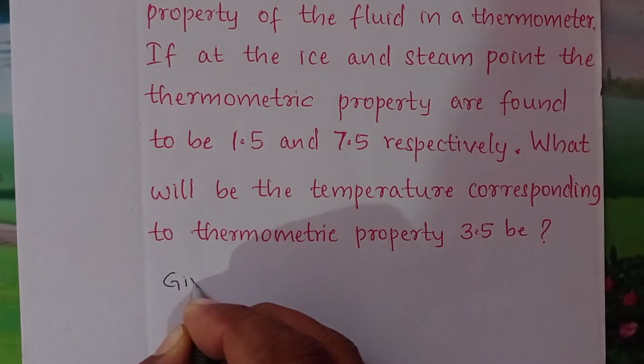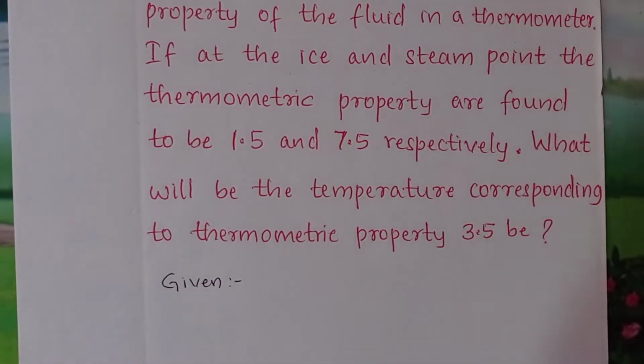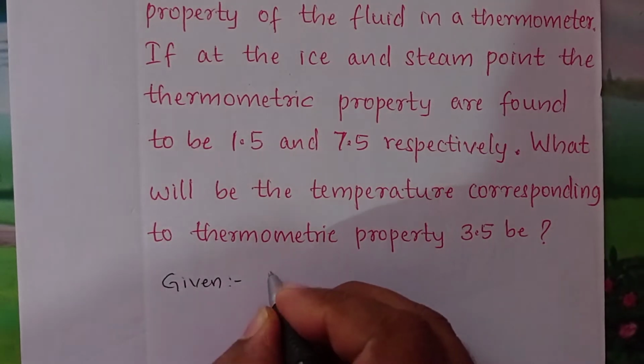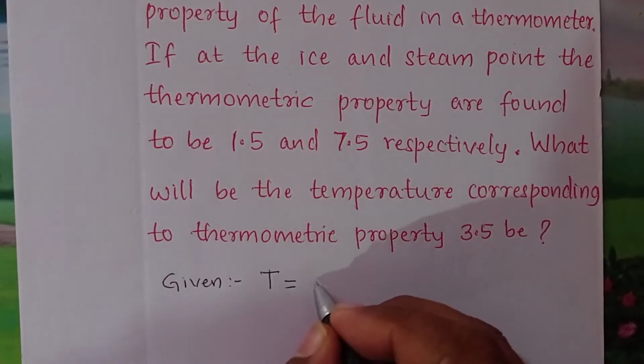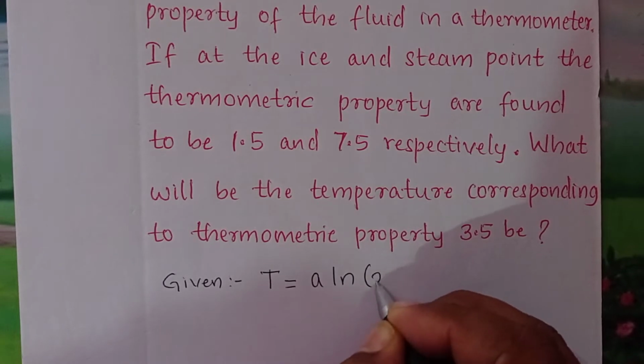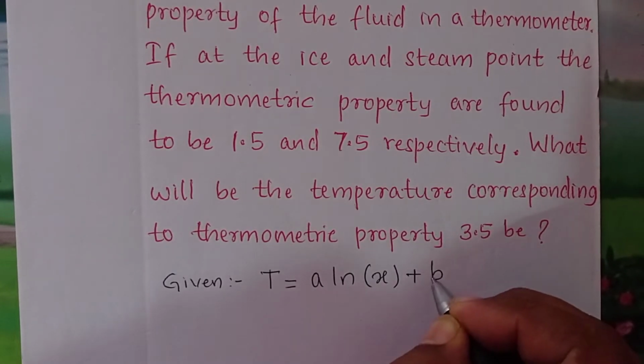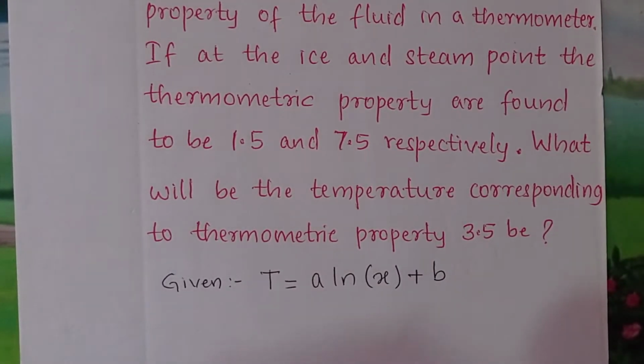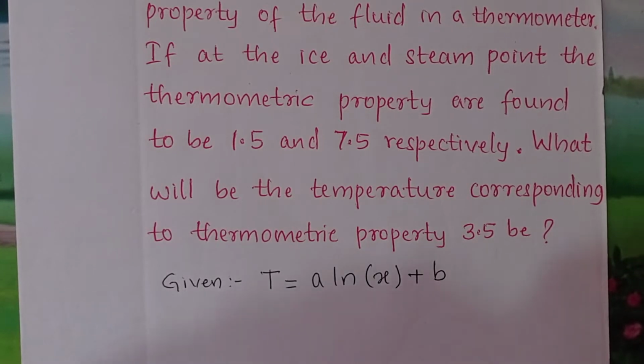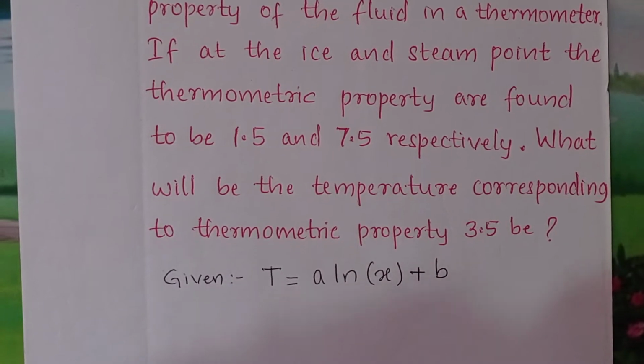Given: temperature T is equal to A ln x plus B is the governing equation, and we know the two states, that is one is at ice point and another is steam point. So ice point is always 0 degree centigrade and steam point is always 100 degree centigrade.